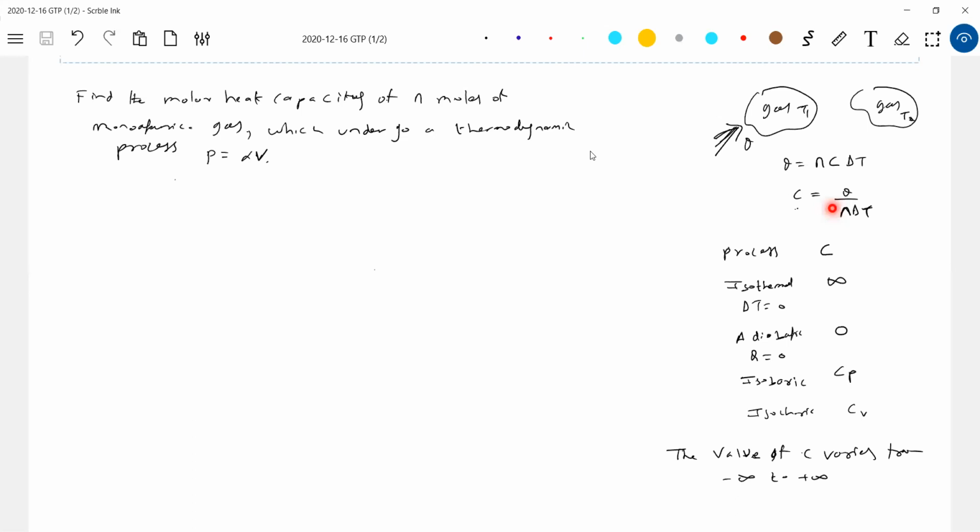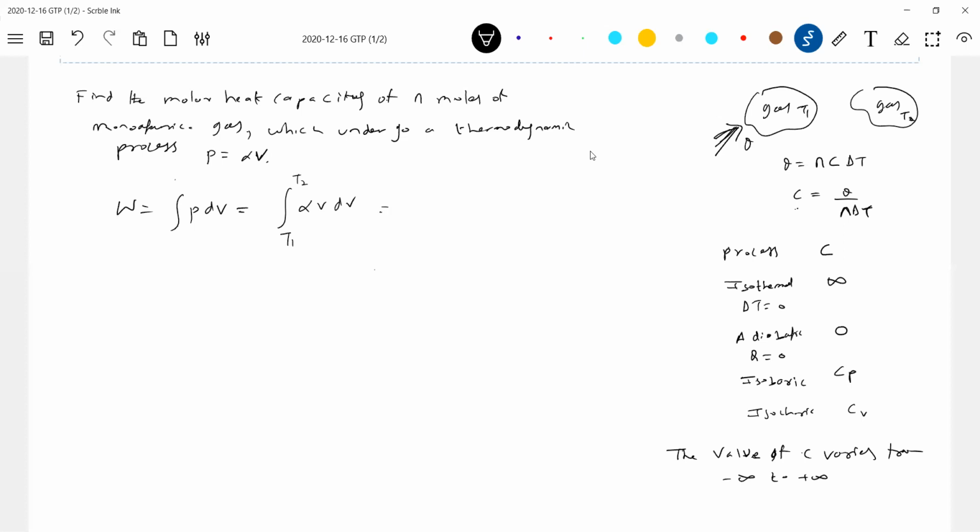Okay, let's do one thing. First, we'll calculate the work done, because the temperature is going to change from T1 to T2 in a process P equal to alpha V. Let the temperature of gas change from T1 to T2, or let it vary by an amount delta T. In any process, work done is the integral of P dV, which is the integral of alpha V dV.